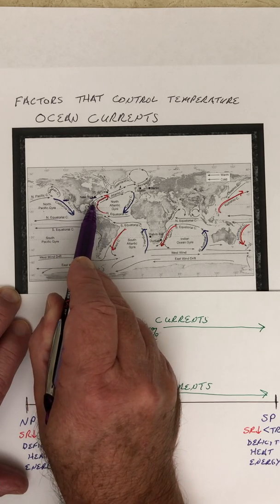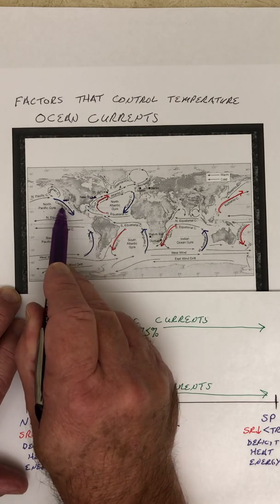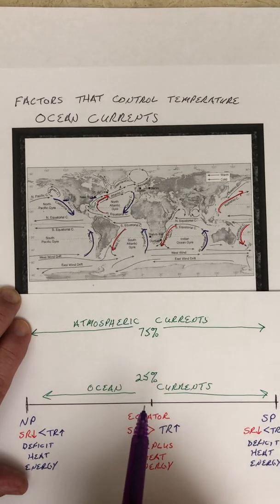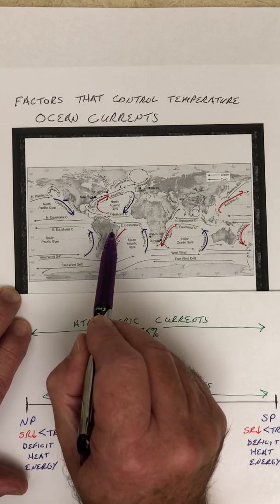You go over on the east coast at the same latitude, and the water temperature is going to be about 60 to 65, maybe 70 degrees Fahrenheit. So a 10 to 15 degree temperature difference of the water, of the currents, based on which direction that current is flowing.